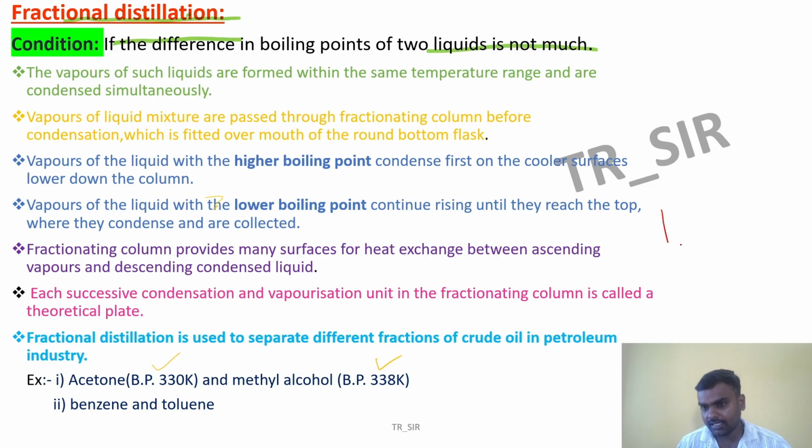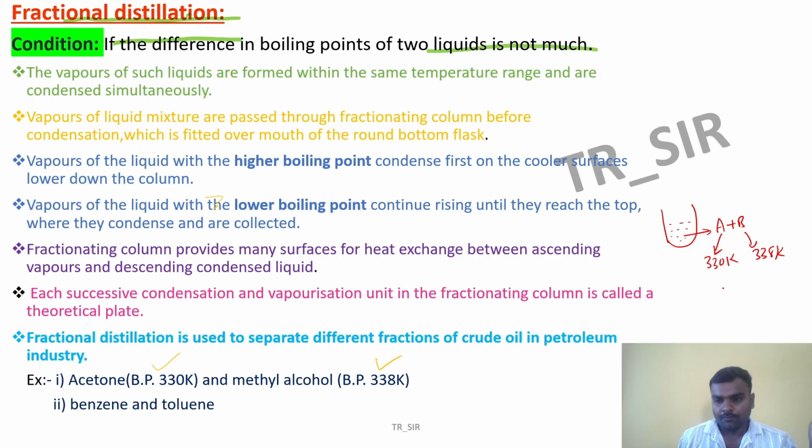Now, in this case, we take one flask with two liquids, A liquid and B liquid. Let us say A has 330 Kelvin and B has 338 Kelvin.